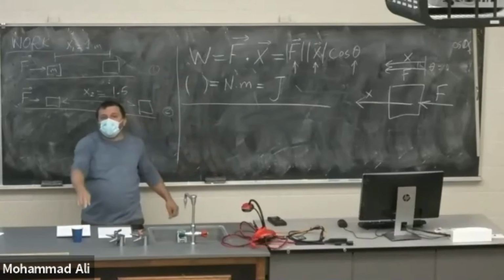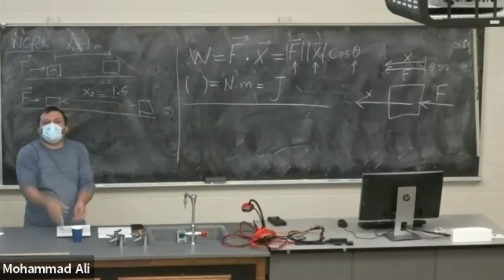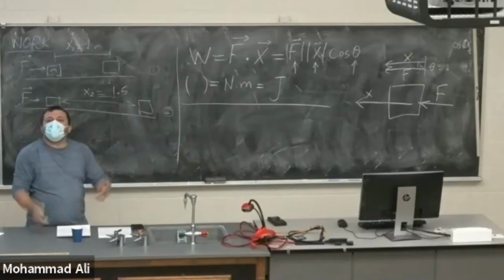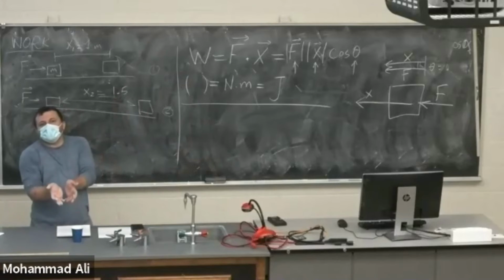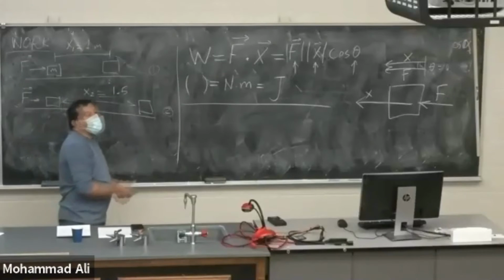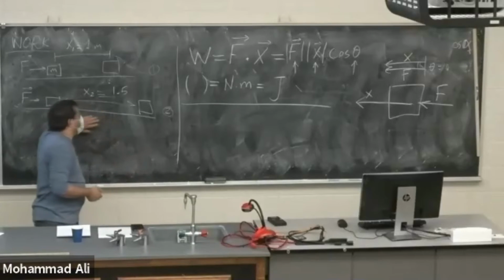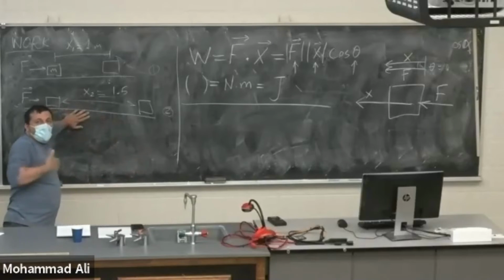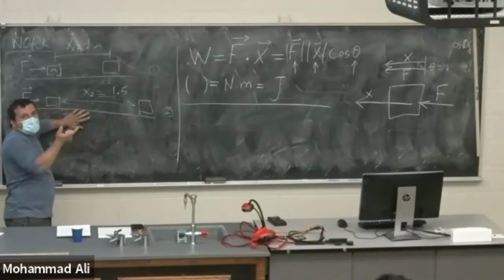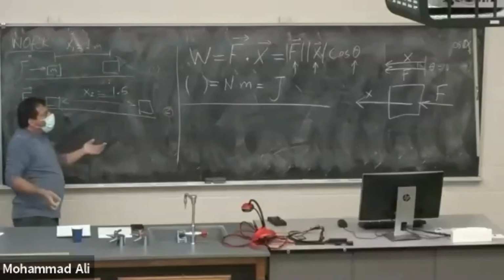But on the cup, there's no movement. There is a force of gravity, but the work of that force is equal to 0 because the distance is equal to 0. Also, if I start pushing the wall, I am acting with a force, but the distance moved is 0. So the work is 0.